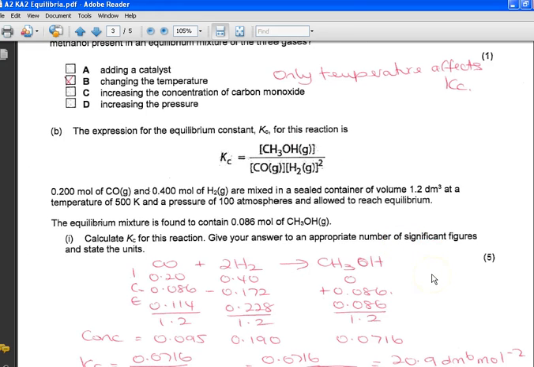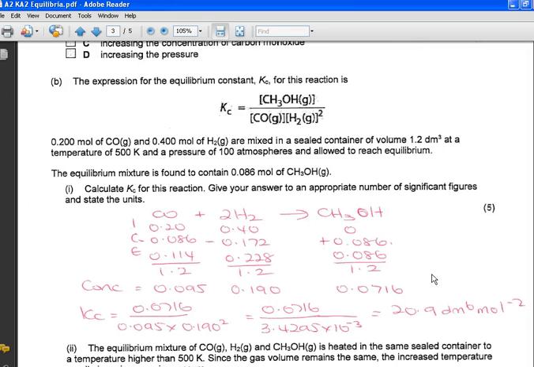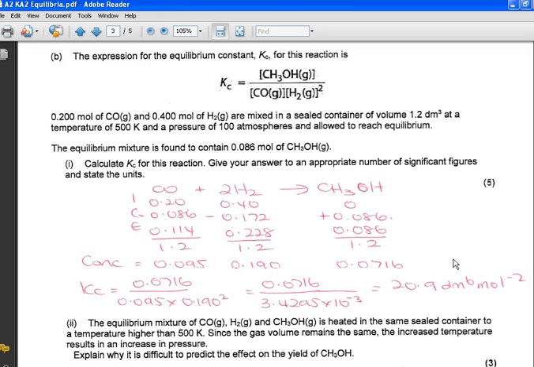And then you're asked to calculate Kc for the reaction. So you need to write your equation out from the Kc expression, work out your moles at equilibrium. Don't forget to work out concentration, because you're only given moles here, not concentration. That's the crucial thing.